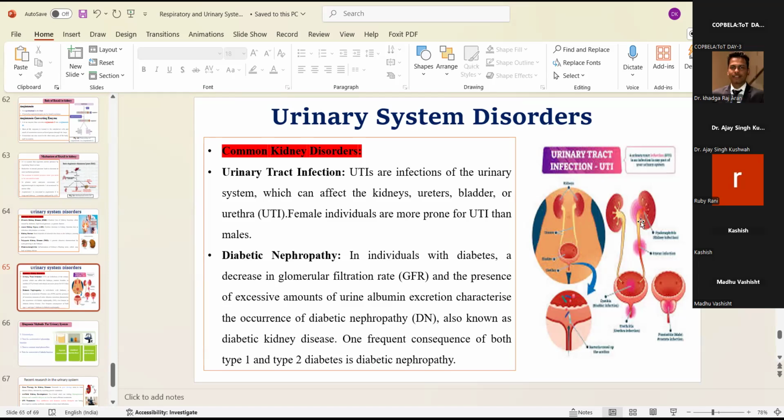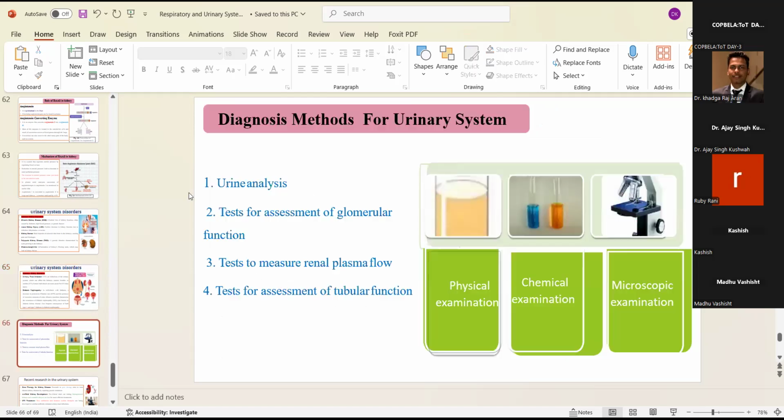Next, you can see in the diagram, this is one diagram of urinary tract infection. Diabetic nephropathy: in individuals with diabetes, there is a decrease in the GFR, the glomerular filtration rate, which is also characterized by diabetic nephropathy, and that may be due to infections or other conditions.